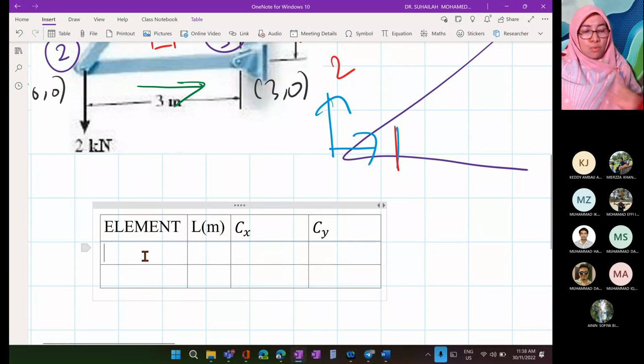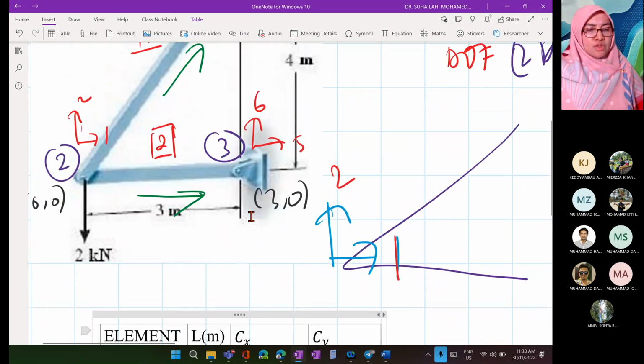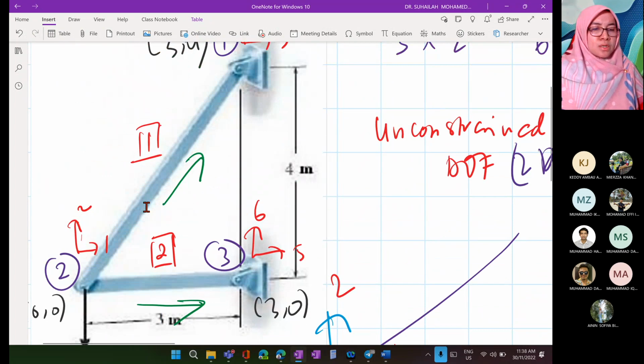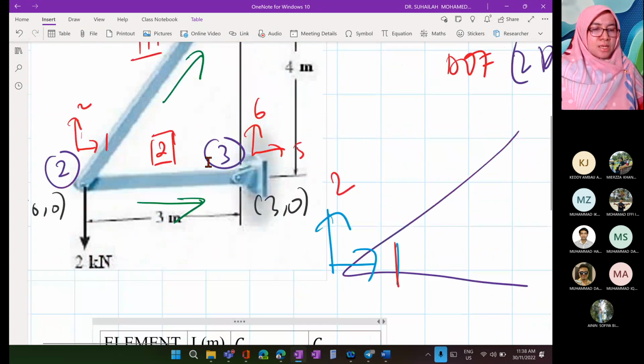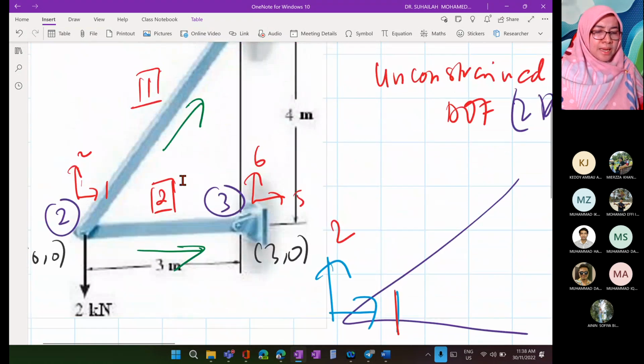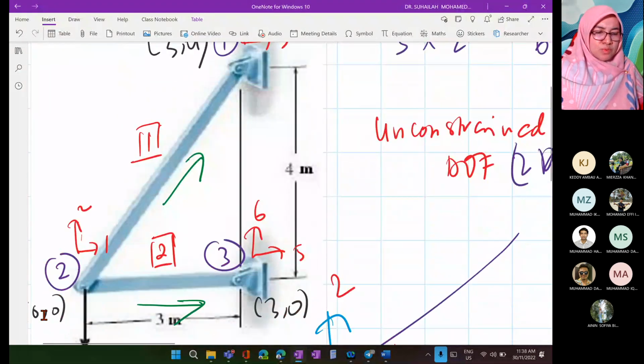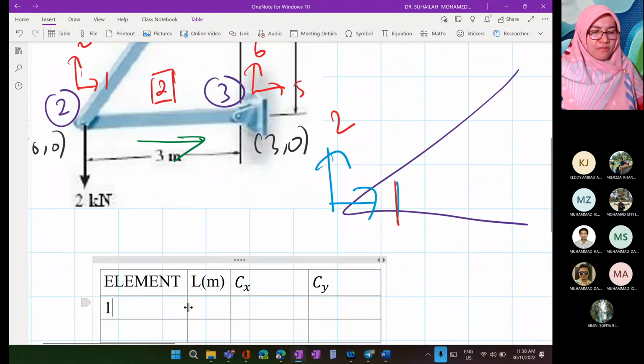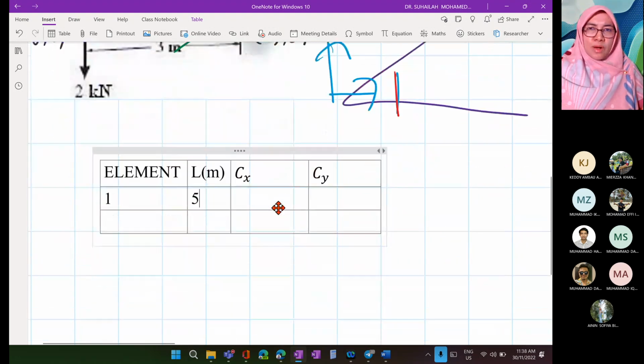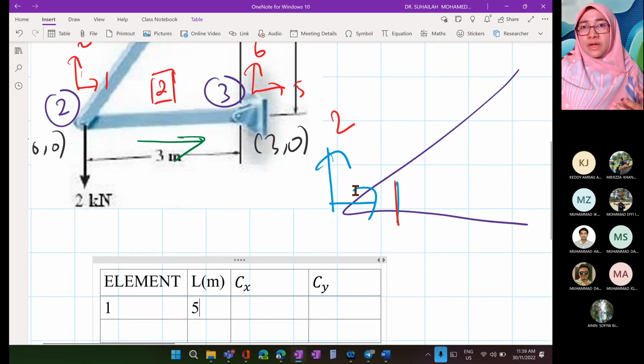Okay, we have element 1, joining node number 2 and node number 1. The length of this is 5 meters because we have 3 and 4, so it is 5 meter length. For Cx and Cy, besides having the formula sin theta, cos theta in the appendix, we can easily determine Cx and Cy by referring to the coordinates.